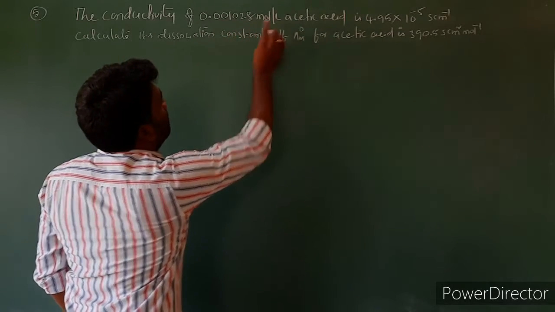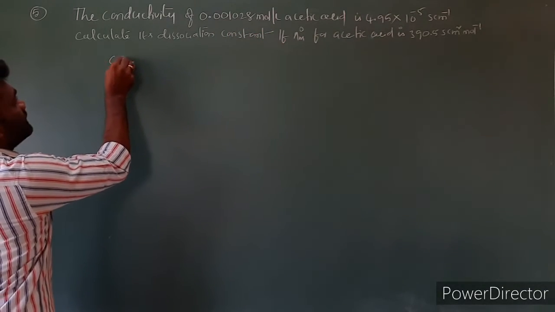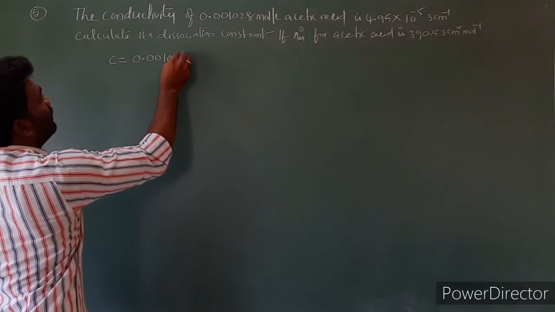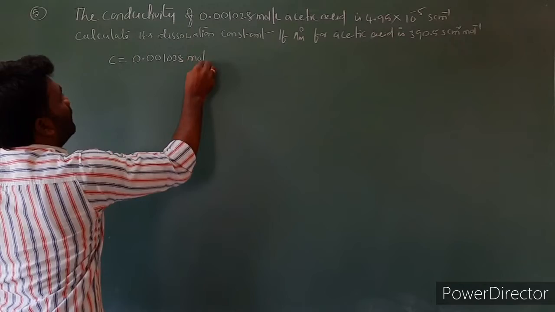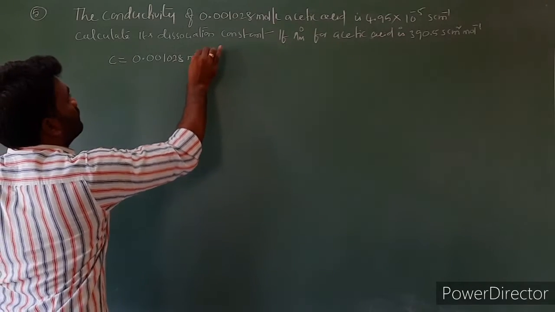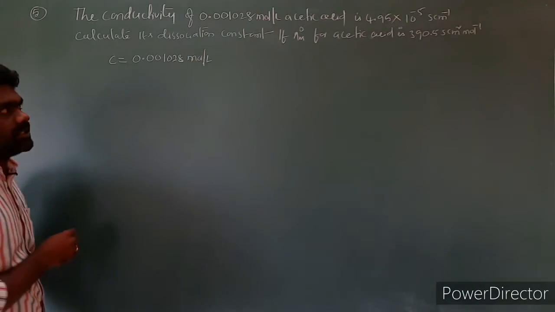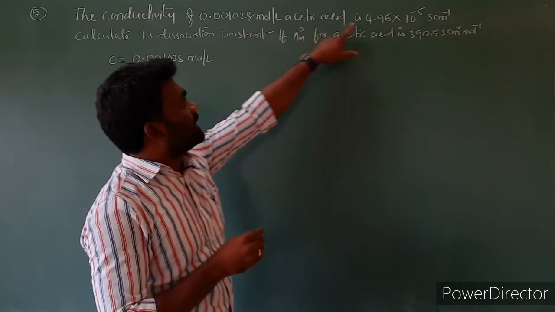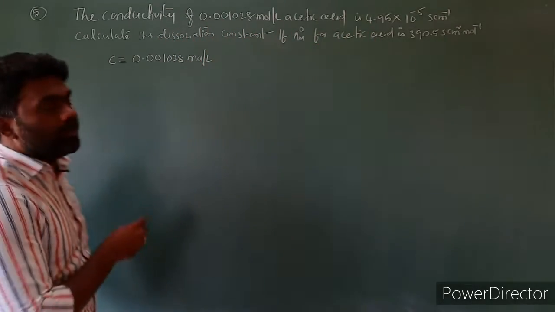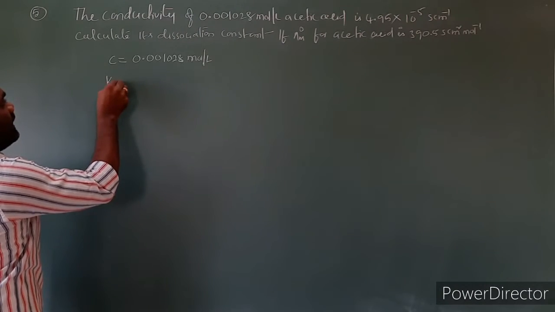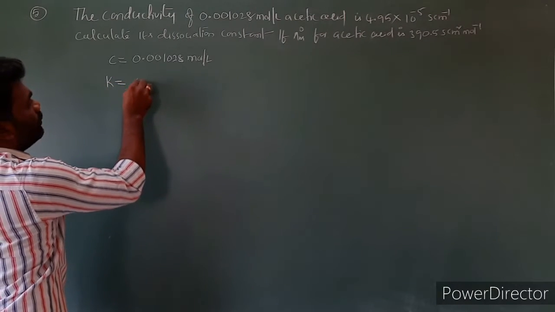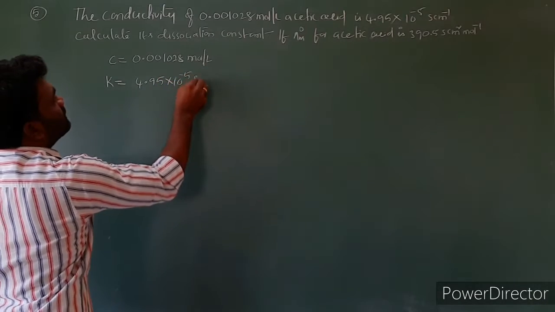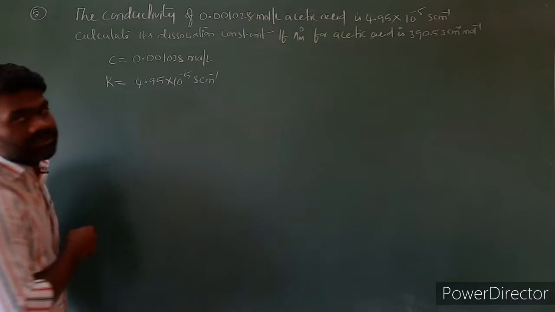Concentration is given: C is equal to 0.001028 mole per liter. Conductivity K is given: K is equal to 4.95 into 10 power minus 5 Siemens centimeter inverse.